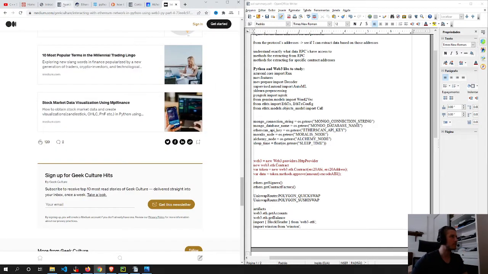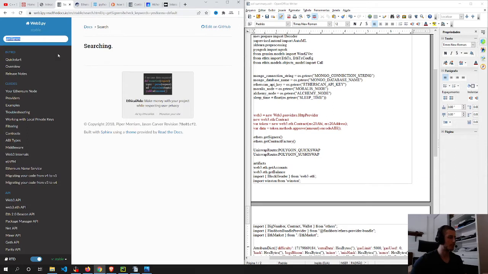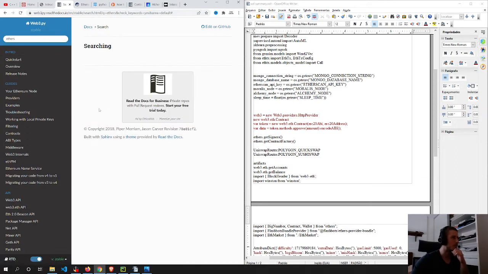Yeah, so maybe if I search for something else, ethers, or maybe the Web3 library, the Python library, doesn't have this method. Contract factory, I think, is just getting the contract.